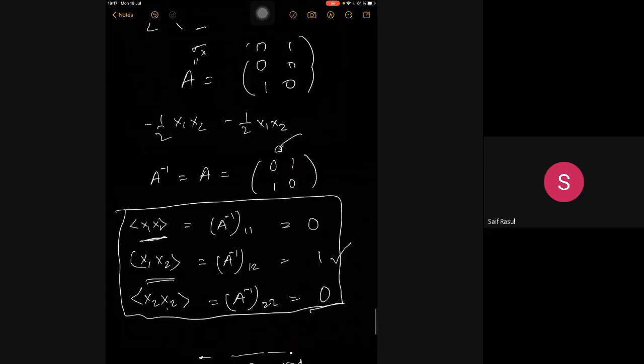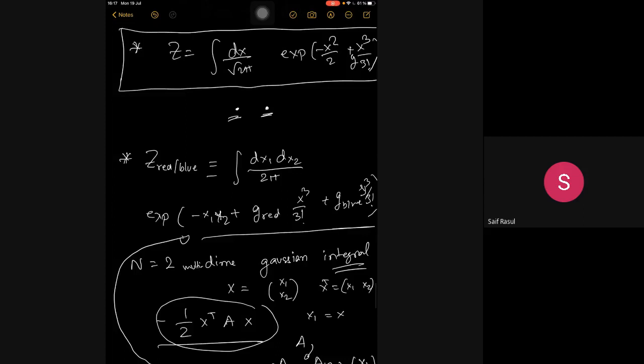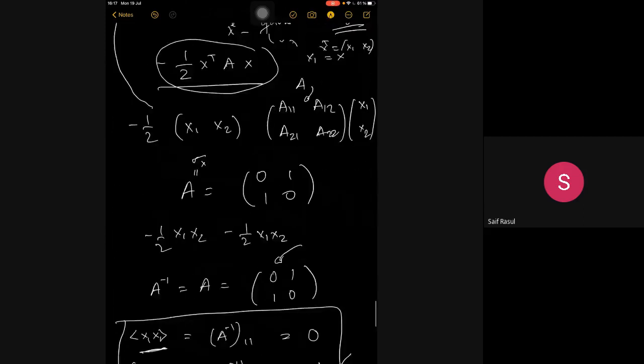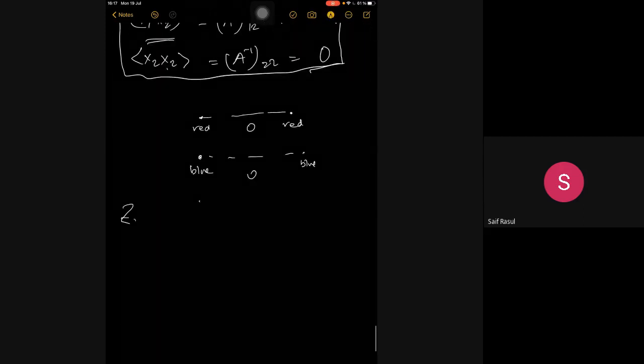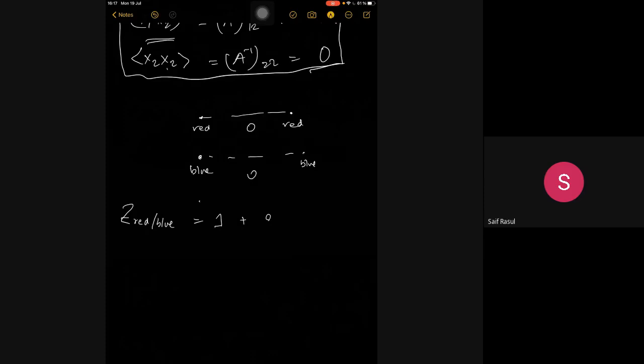If we expand this Z, this red-blue partition function, the first term is 1. The second term is G red, G blue, and you have 1 over 3 factorials coming out. What is G red?